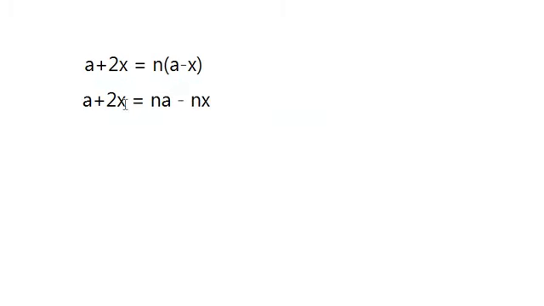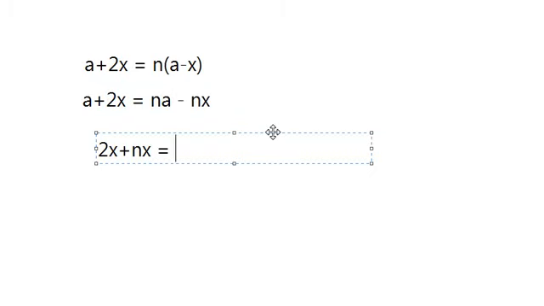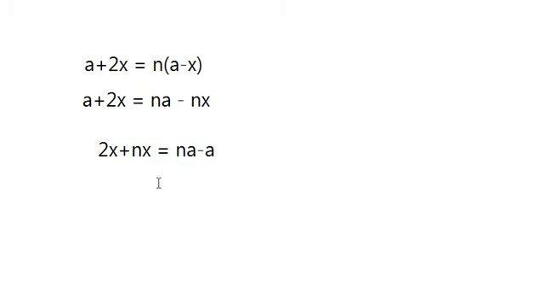So now we want the x term together, and what we will do is so that it goes to 2x plus nx will be equal to na minus a. Looks normal enough, yeah? If you can follow through that, then you can just factorize either single side or both sides, it doesn't matter.